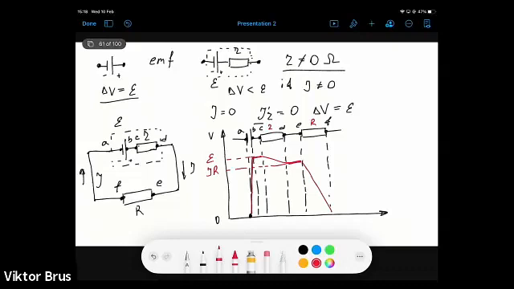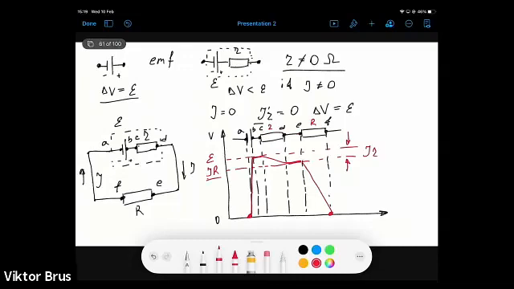So we make a circle and come back again to point A, in front of our battery, with 0 potential. So we go from 0 potential back to 0 potential. And this difference here between electromotive force and voltage drop over load resistor is current times internal resistance.